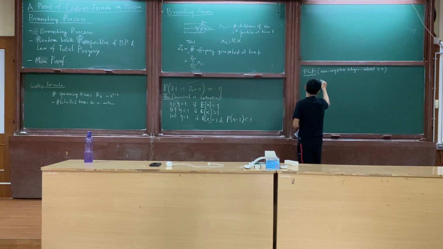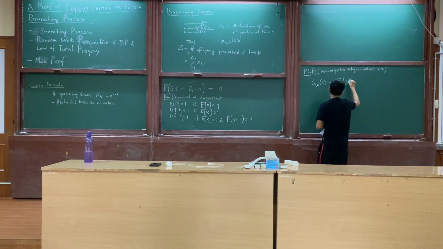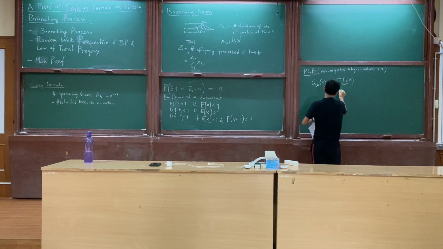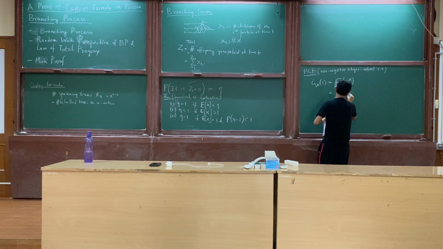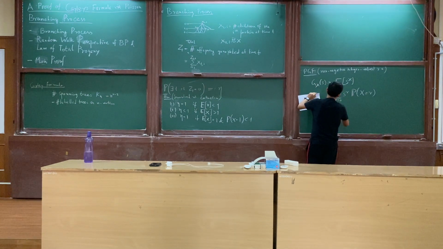So G_X of s is defined as the expectation of s to the power X. That means it is the sum of s to the power r times the probability that X equals r, for r equal to 0 to infinity.